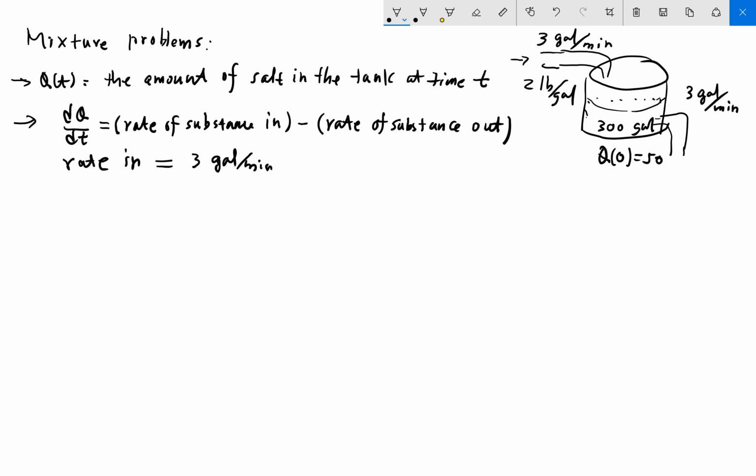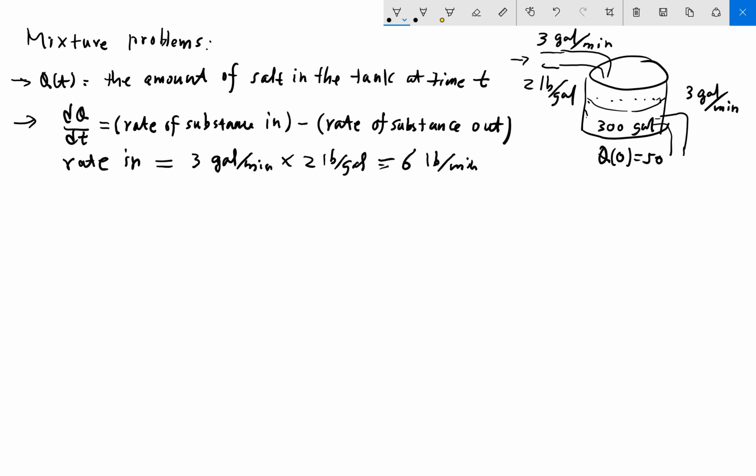And we know 1 gallon carries 2 pounds of salt, so we multiply by 2 pounds per gallon. That gives us 6 pounds per minute. So the rate at which salt gets in is 6 pounds per minute.